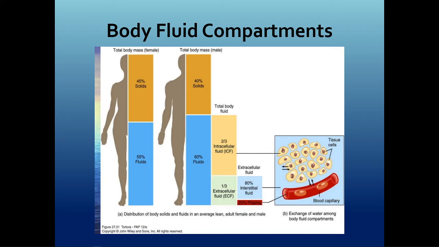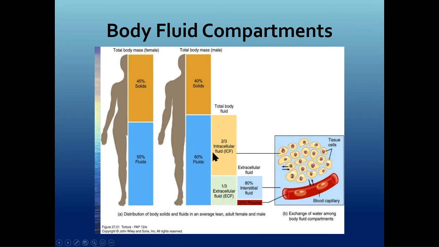And then the other 45% of you is solids. And then if we look at the fluid part that's found within your body, this liquid is both found inside of your cell and outside of your cell.